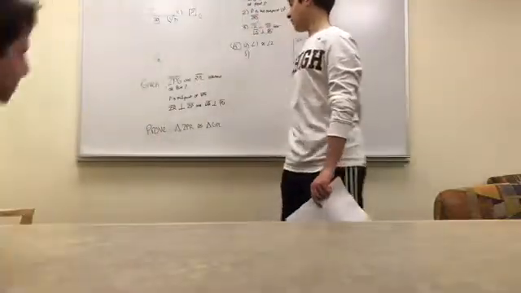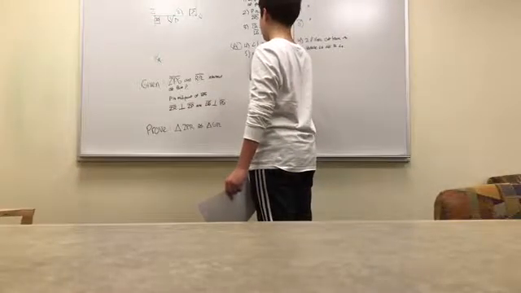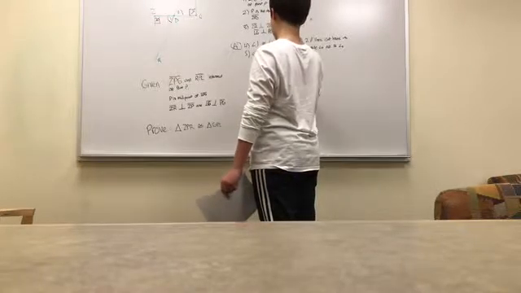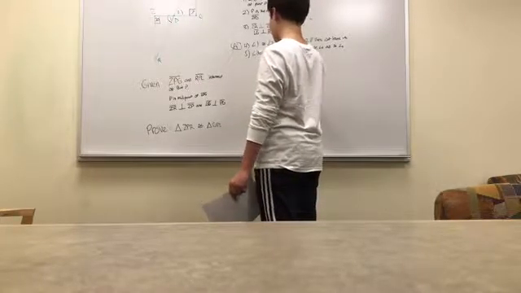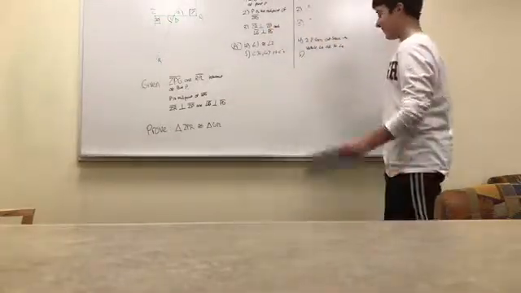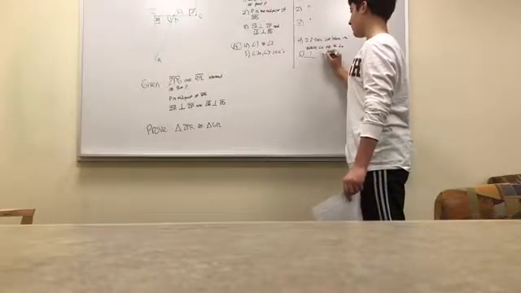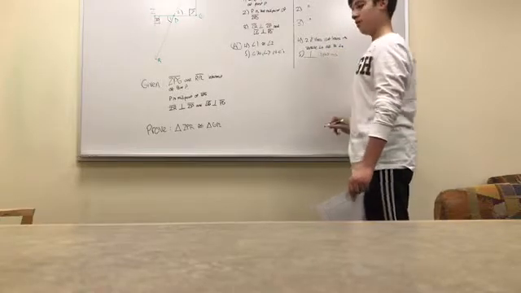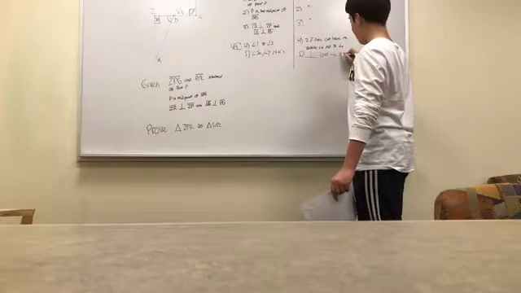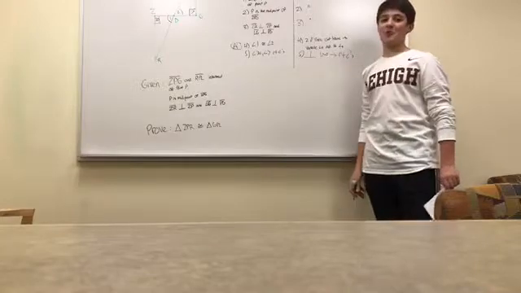So first we're going to say angle 30 and angle 7 are right angles. And our reason for this is perpendicular lines imply right angles.